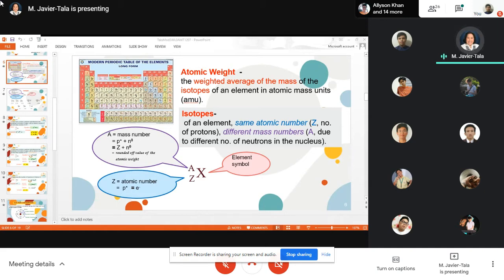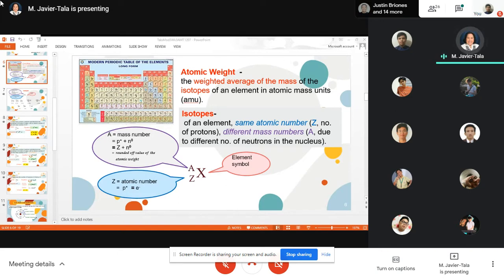Here in the periodic table, as I have mentioned, the atomic weight is the weighted average mass of the isotopes of an element in atomic mass units. So when you say isotopes, class, we refer to the same element with the same atomic number although they have different mass numbers.